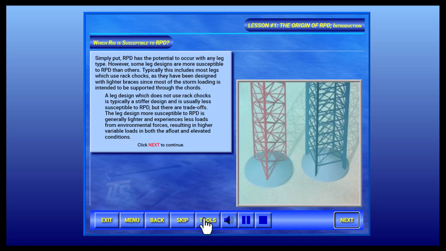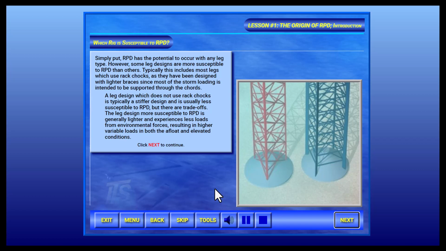Simply put, RPD has the potential to occur with any leg type. However, some leg designs are more susceptible to RPD than others. Typically, this includes most legs which use rack chocks, as they have been designed with lighter braces, since most of the storm loading is intended to be supported through the cords.